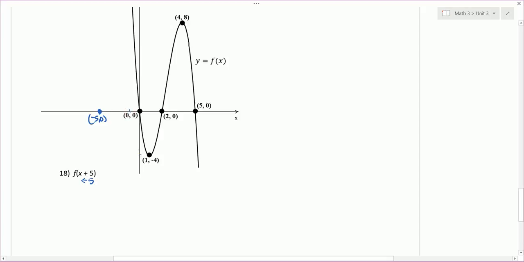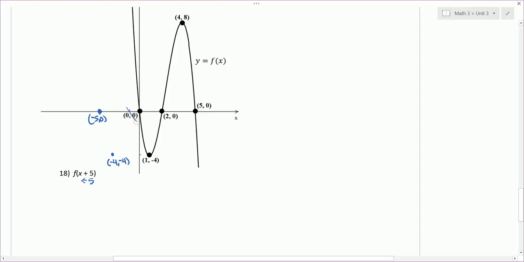But what's happening is you're taking the x value in that coordinate and you're subtracting 5 from it. So if we take 1 minus 5, we get negative 4. So that's going to be moved over. The x value becomes negative 4. The y value does not change. It stays the same height because we're just moving things to the left.